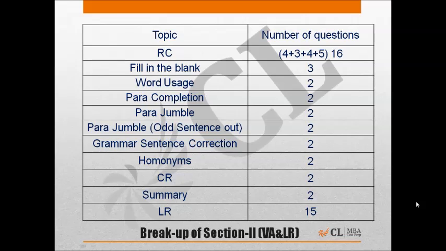Then again we had 3 fill in the blank questions. You have been getting fill in the blanks pretty often on these recent mocks. We had 2 word usage questions, 2 para-jumble questions as usual, and 2 para-jumble questions of the odd one out type, and then there were para-completion questions. We had grammar questions for you, the ones based on sentence correction.